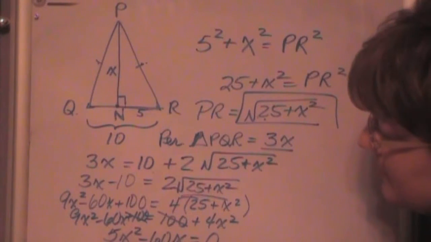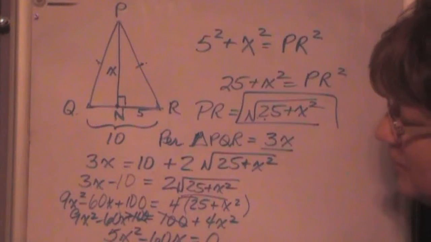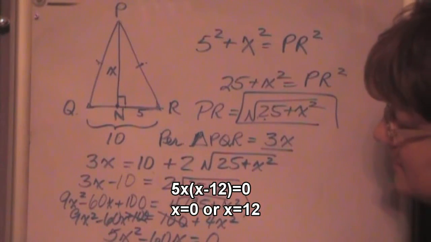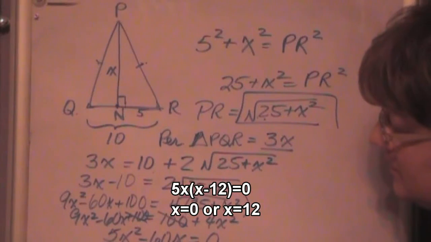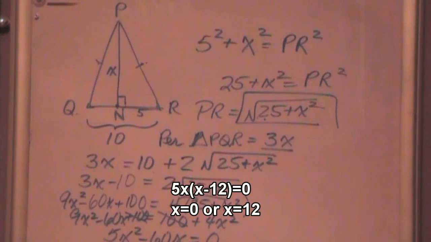So now I'm going to factor out 5x times x minus 12 equals 0. Now x can equal 0, which would be ridiculous to have a height of 0, so right away that extraneous root can be thrown out, and x is equal to 12. The check is left up to you for this, but that's the answer.